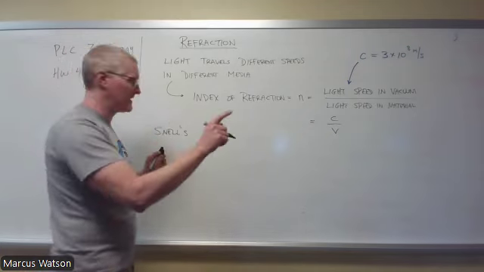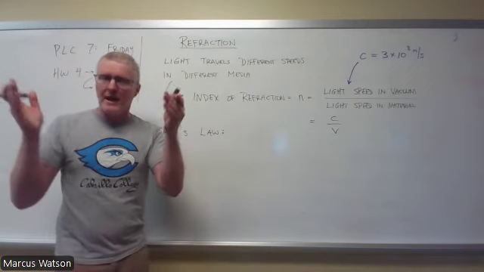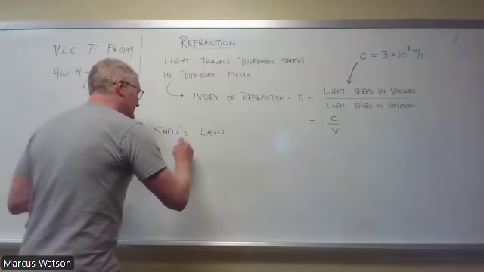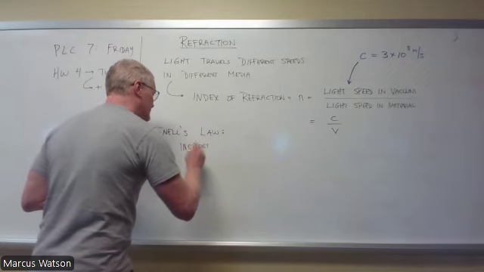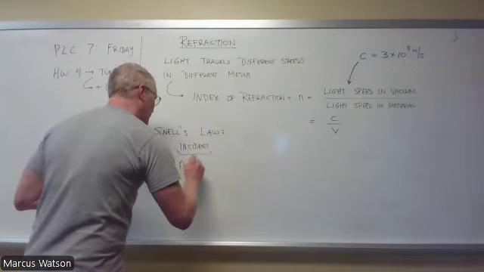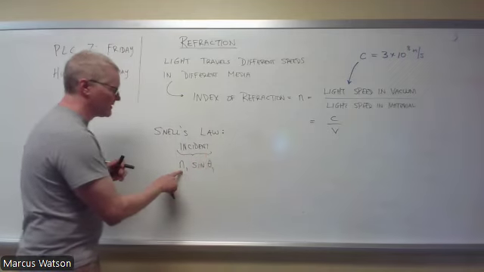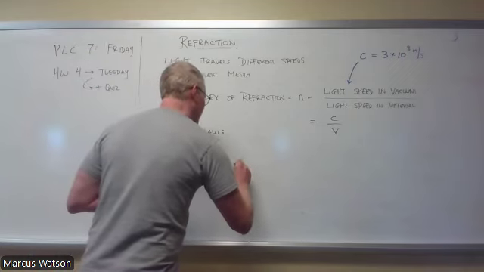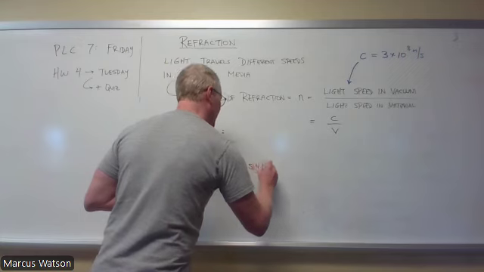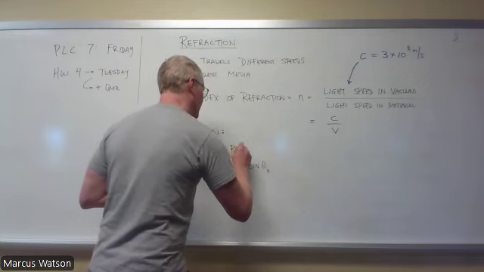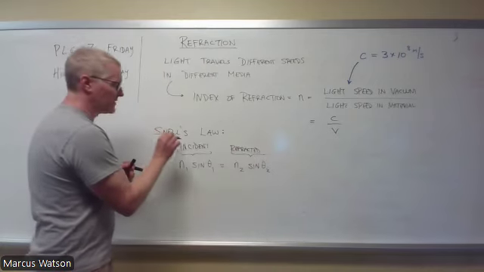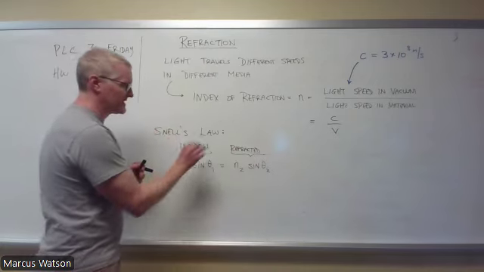So Snell's law, which as we know is a consequence of Fermat's principle, tells us that for an incident light ray, the index in that material times the sine of the incoming angle is going to equal the same exact quantity for the refracted ray: the material in which light is incident and the material in which light is refracted.